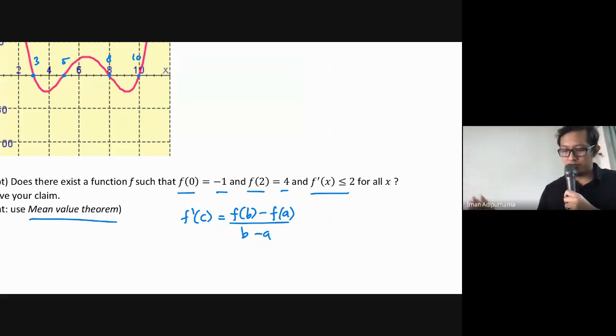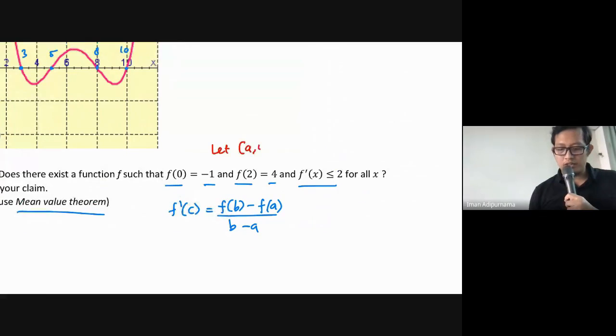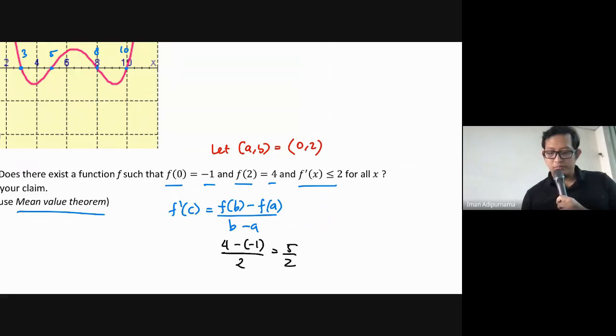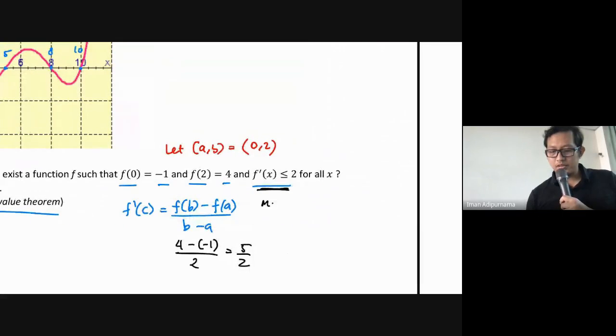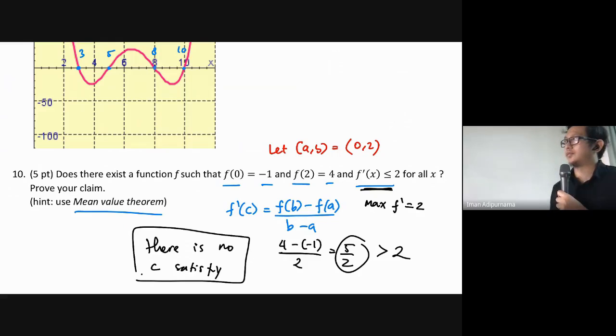Is there any c in between a and b? Let a and b start from 0 to 2, so f(b) minus f(a) is 4 minus (-1), which is 5, over 2. Because the maximum of f prime is 2, and this is greater than 2, there is no c satisfied.